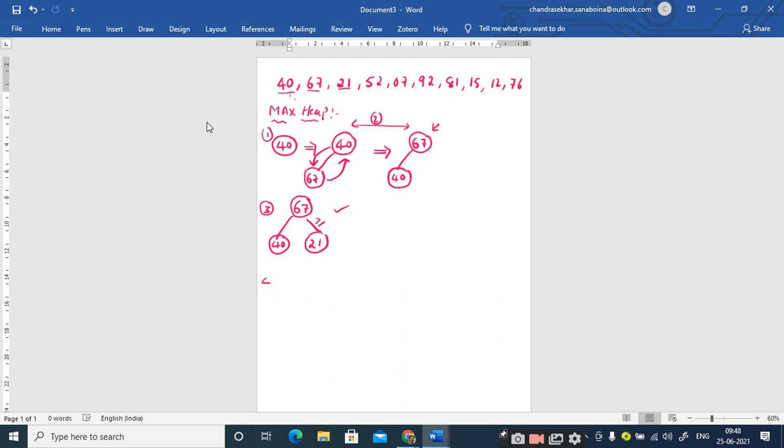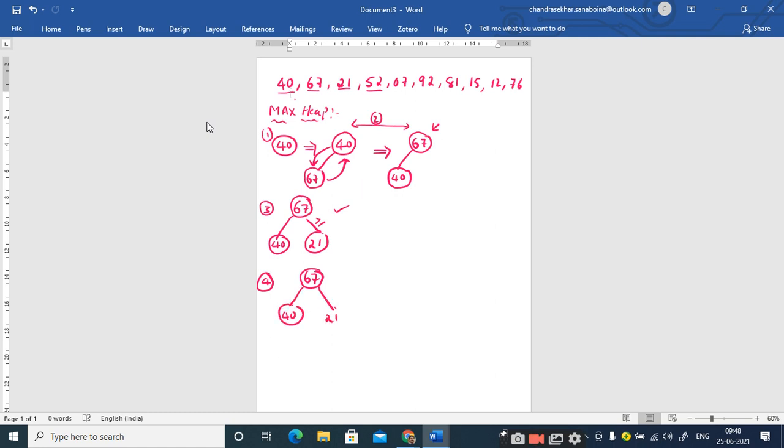Now coming to the fourth step, I want to insert the fourth element. So what is the fourth element I should insert? It is 52. According to the shape property, where should I insert the 52 element? Left child of 40, sir.